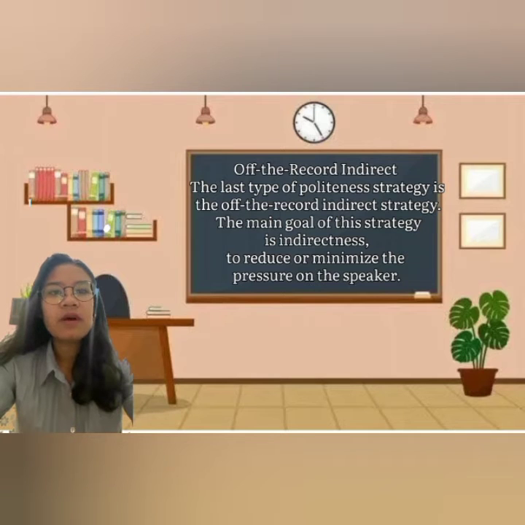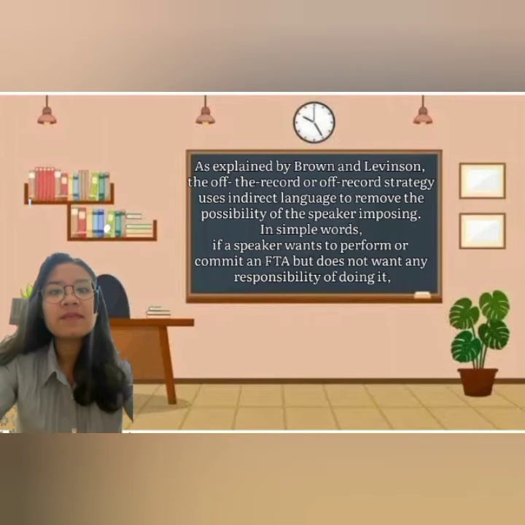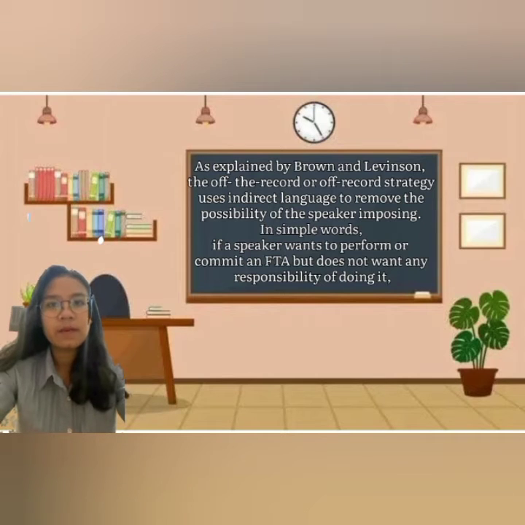Off the record indirect. The last type of politeness strategy is the off the record indirect strategy. The main goal of this strategy is to be indirect, to reduce or minimize the pressure on the speaker. As explained by Brown and Levinson, the off the record strategy uses indirect language to remove the possibility of the speaker imposing.